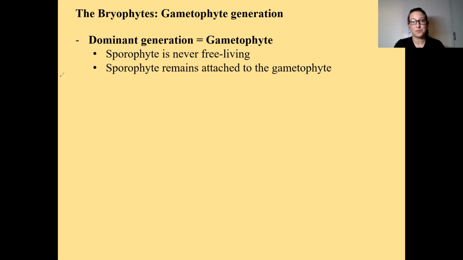It means that the sporophyte is never free living, never. The sporophyte is always attached to the gametophyte in the bryophytes. The gametophyte is free living, but the sporophyte is never free living. The sporophyte remains attached to the gametophyte.